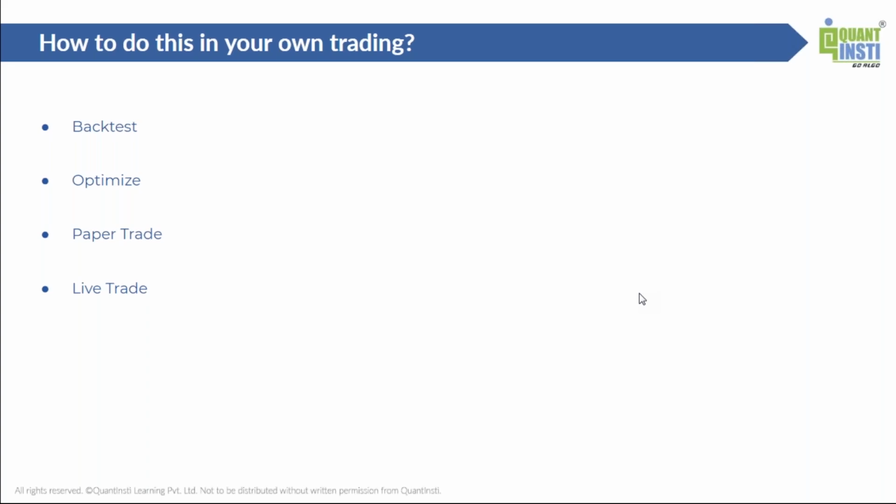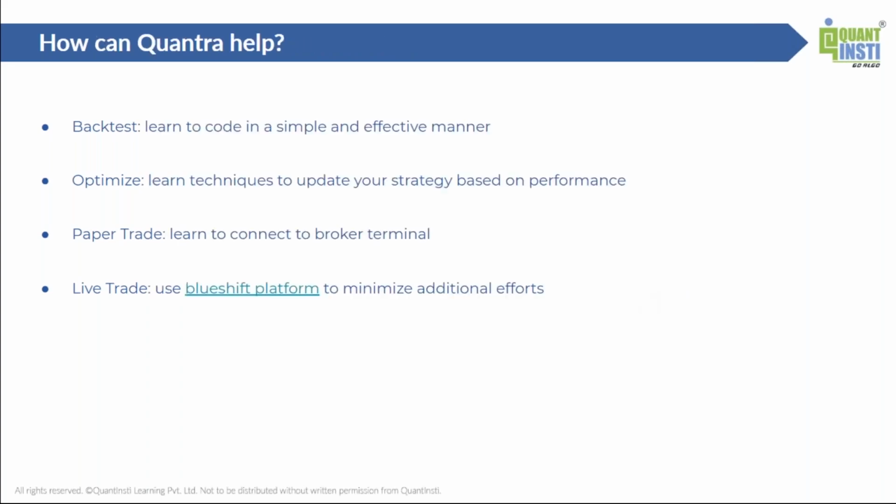And once everything is done, the third step is you can paper trade your strategy, and then you can take your strategy live if the performance in the paper trading is as good as the results you got from backtesting. So that is how you can deploy this.